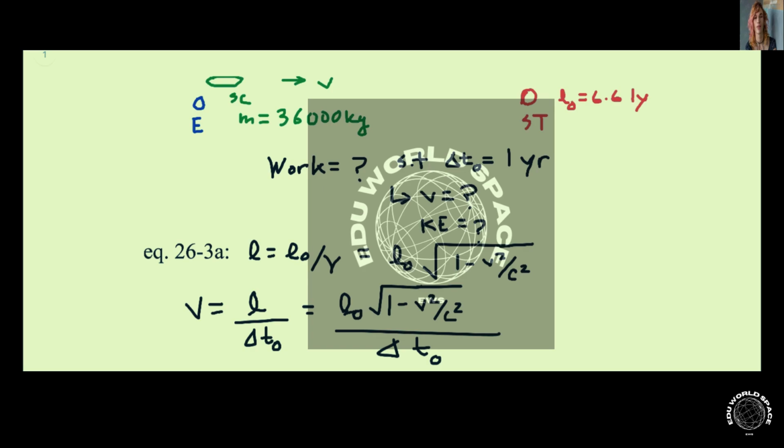So what you want to do here is square both sides, and do some clever algebra so that you end up with something like this. 1 over v squared equals 1 over c squared, it's just from algebra, plus delta T naught, that thing squared, over L naught squared.